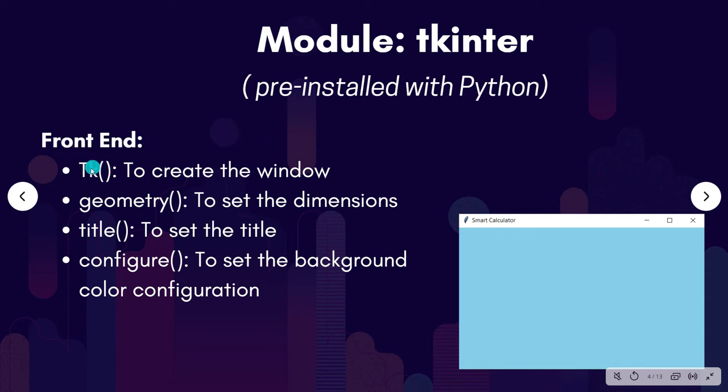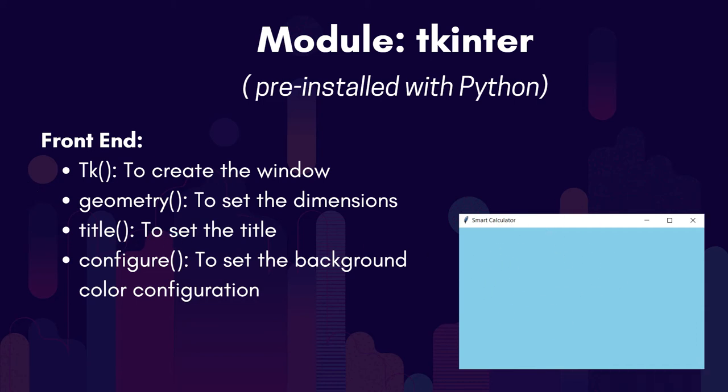So we are going to use the Tk method to create the window as I have shown you here. Then we will use the geometry method to set the dimensions, and then the title method to set this title Smart Calculator, and then we will use configure to set the background color. And after doing all of this, we will have this window.